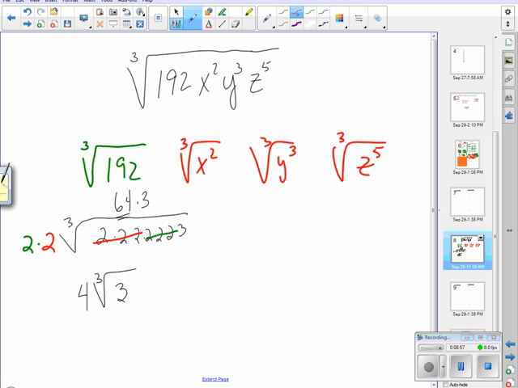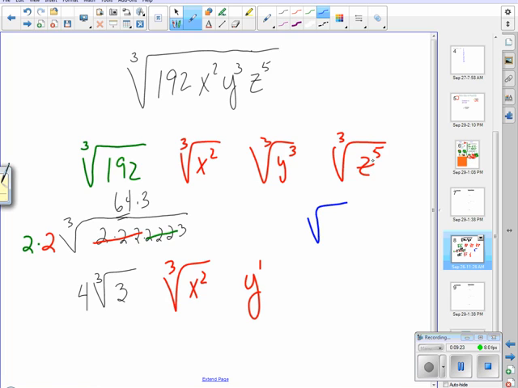Let's look at the variables, which are actually easier. 2 is smaller than 3. There's nothing I can do with this one. It's just coming down. 3 divides by 3 evenly, so that radical sign is gone. It's just a y. You can write y to the first, just don't put the 1 in your final answer. And this last one here, 5 is bigger than 3, but it doesn't divide evenly, so I'll have to split that up.